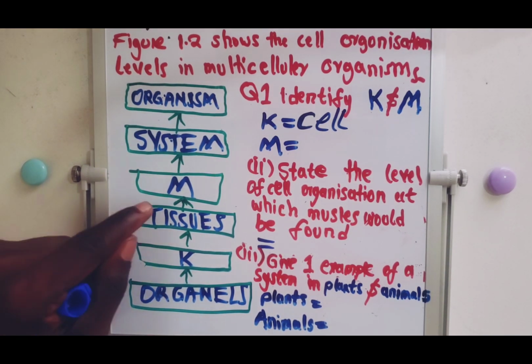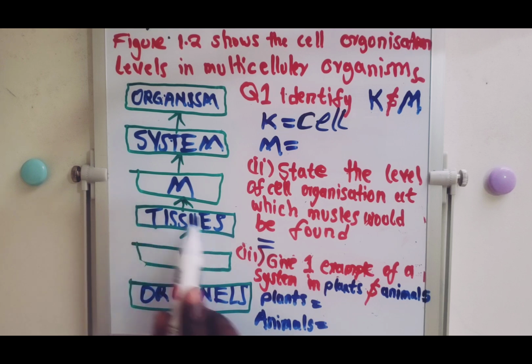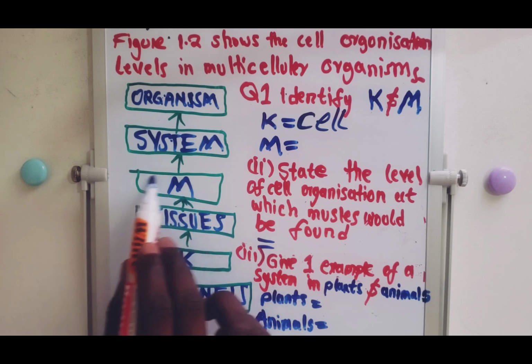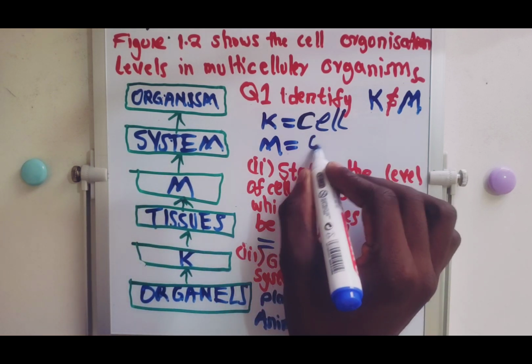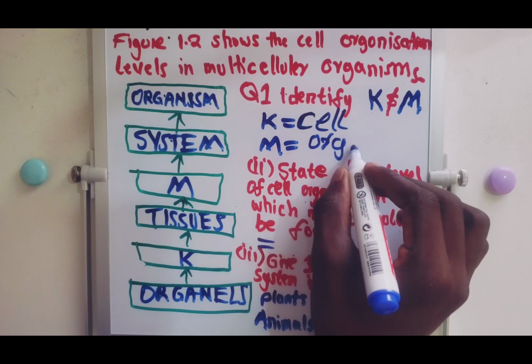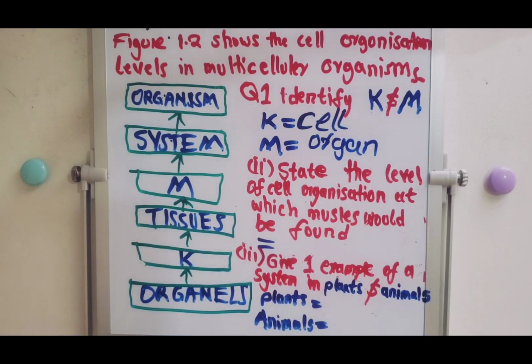We've seen that M is being made up of tissues. So you just have to know, when we have a group of tissues, what do they make? A group of tissues makes an organ. So M is an organ, because a group of tissues makes up an organ. All right, M is an organ.